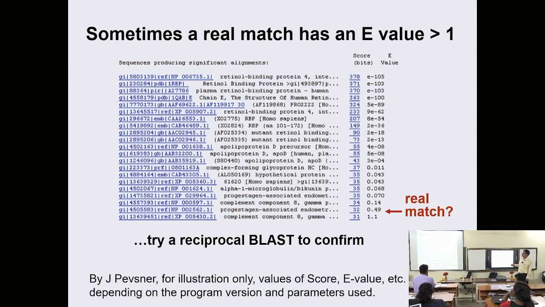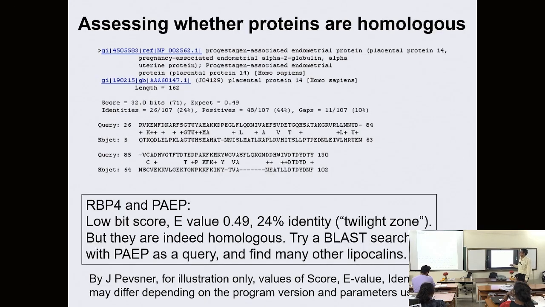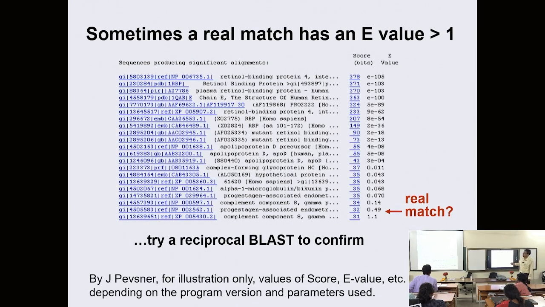If you look at the bottom, there are hits to PAEP, progestogen associated endometrial protein, a placental protein 14. All these hits are lipocalins, but PAEP gets an E value of 0.49.